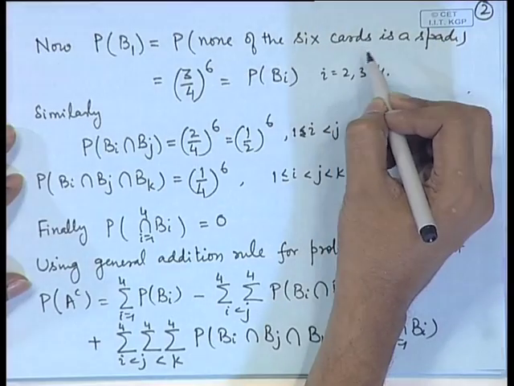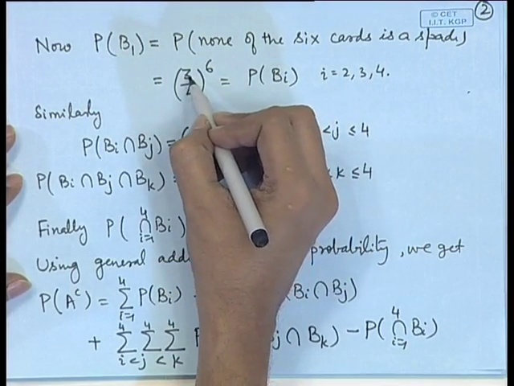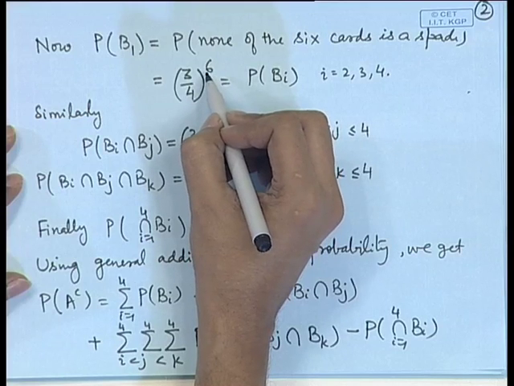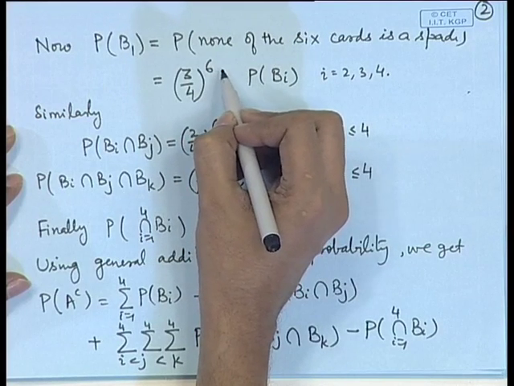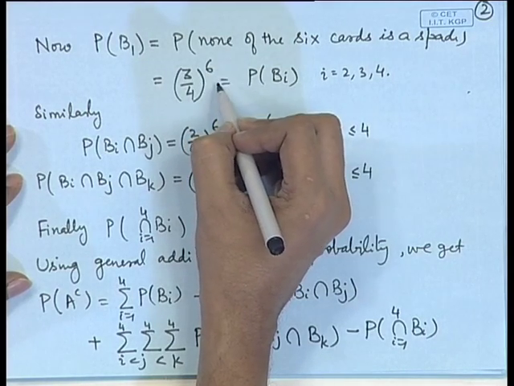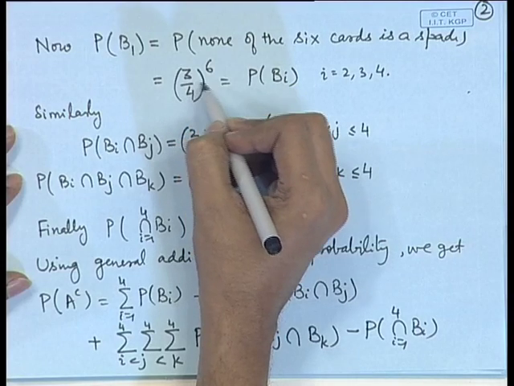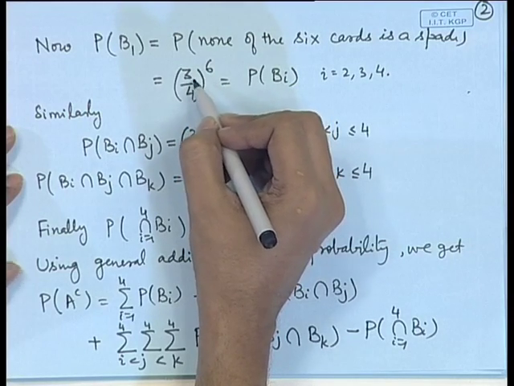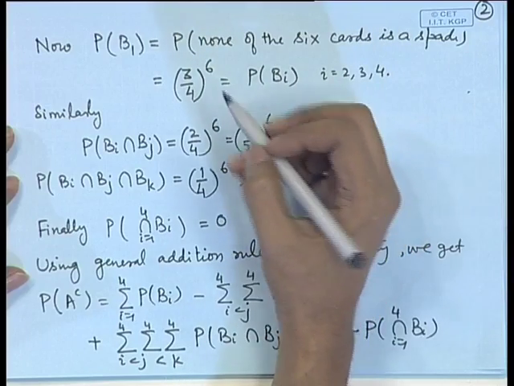So, the probability that it is not a spade is 39 by 52, that is 3 by 4. Since the drawings of the cards are independent and identical, because it is with replacement, every time there are 52 cards. So, the probabilities will simply be multiplied. It will be 3 by 4 into 3 by 4, 6 times. That means it becomes 3 by 4 to the power 6.